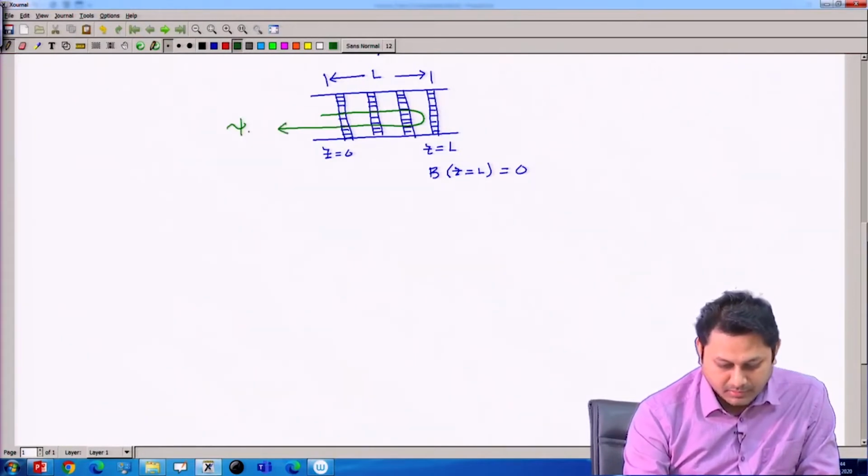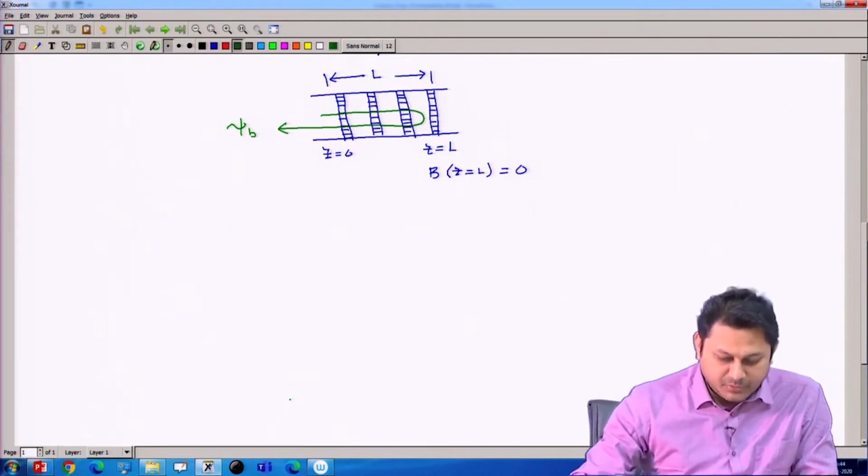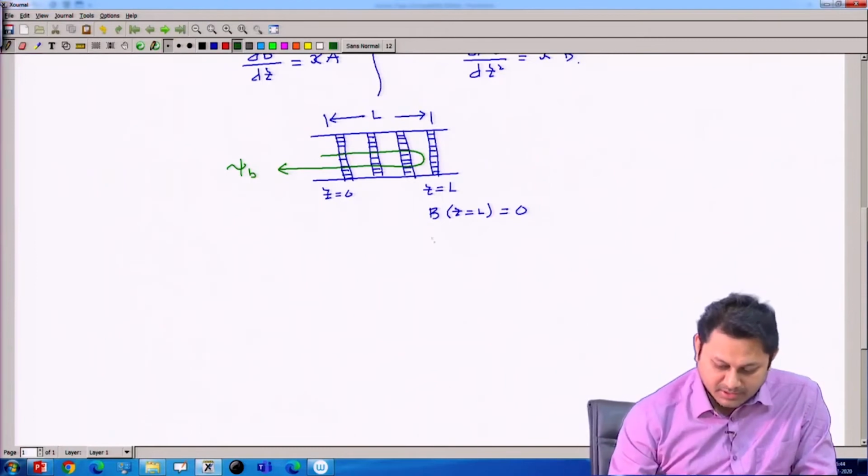So, this was the backward wave, which means the amplitude of the backward wave at z equal to L is 0. This is the boundary condition.